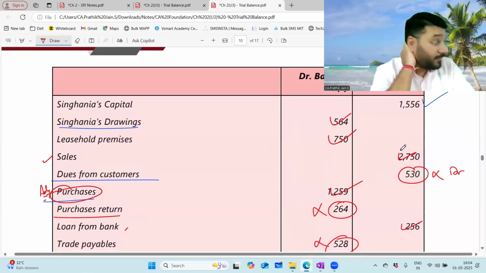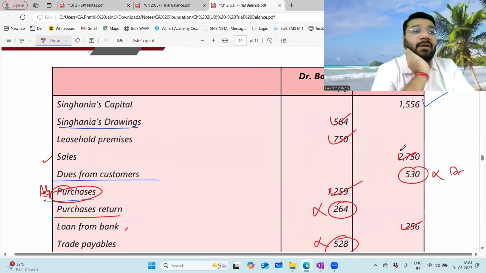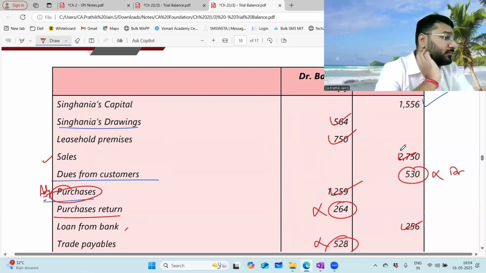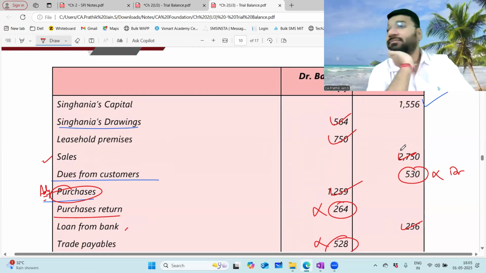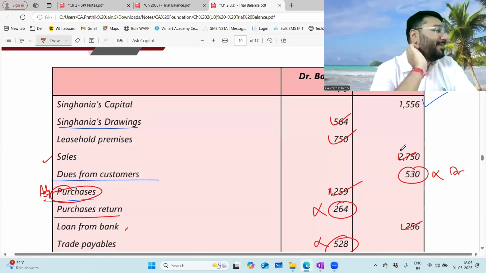Fast. Where is your calculator? Take it out. You've ordered it to come? Okay. Where is your calculator?